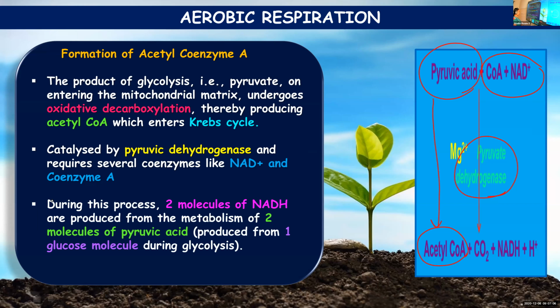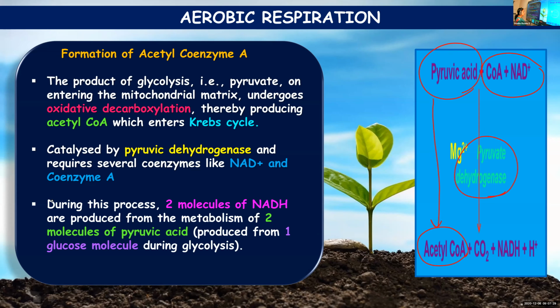Now, during this process, two molecules of NADH are produced from the metabolism of two molecules of pyruvic acid. What you can see here is the change undergone by one molecule of pyruvic acid. But you know there are two molecules of pyruvic acid formed.